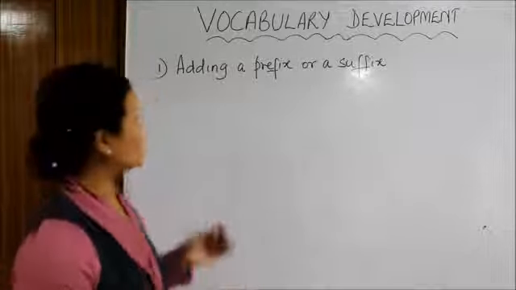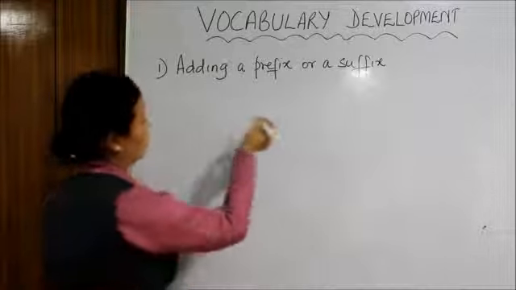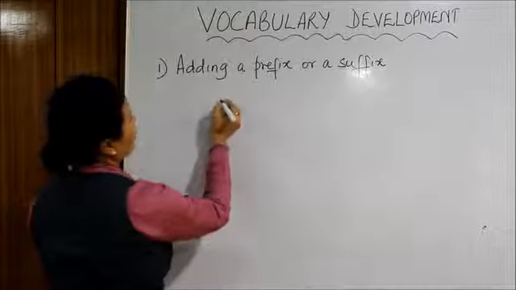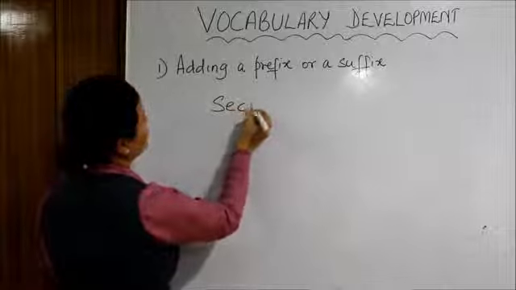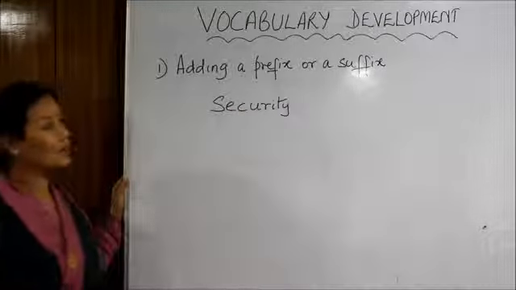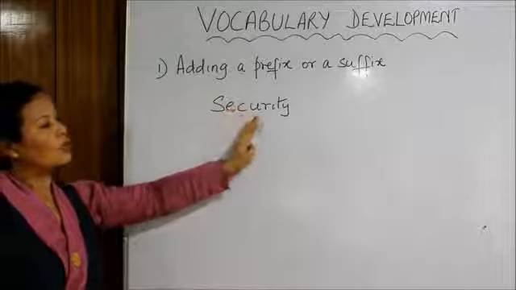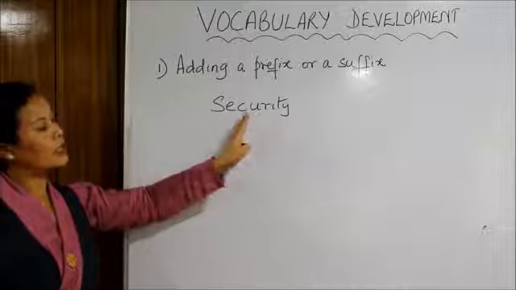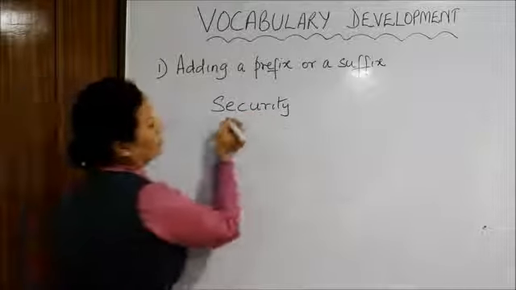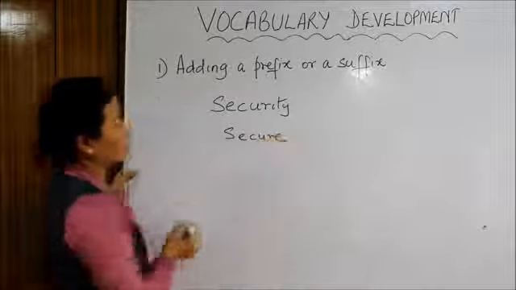So for example, if we take the word security. One thing we can look at is that the word security comes from the word secure.